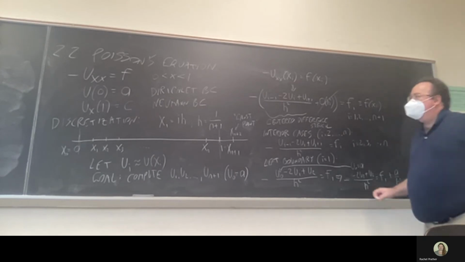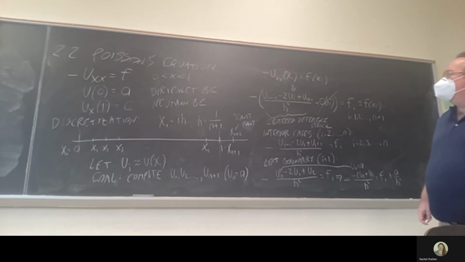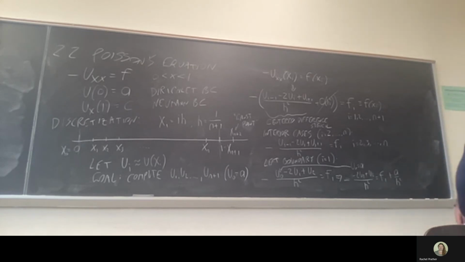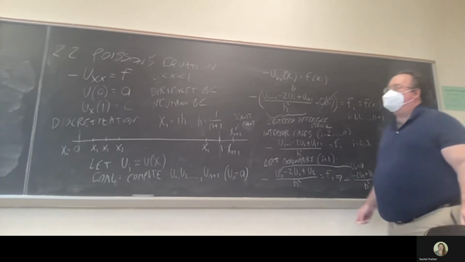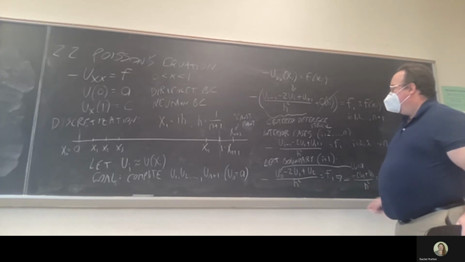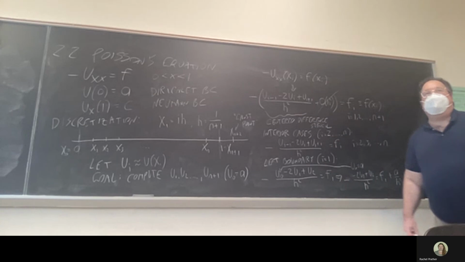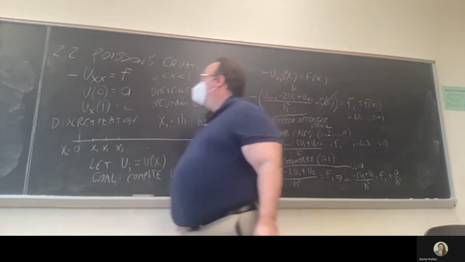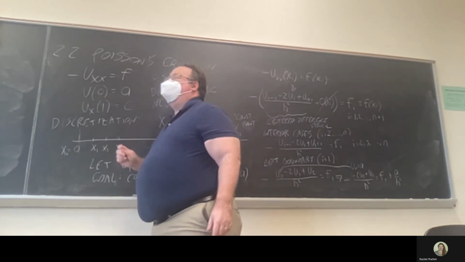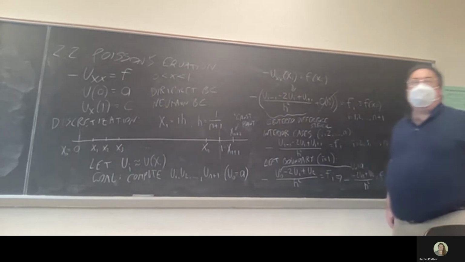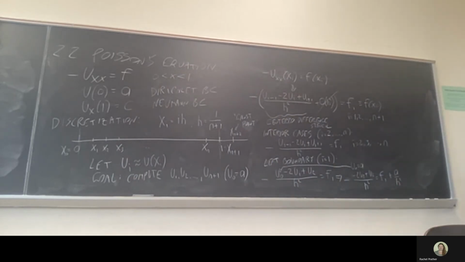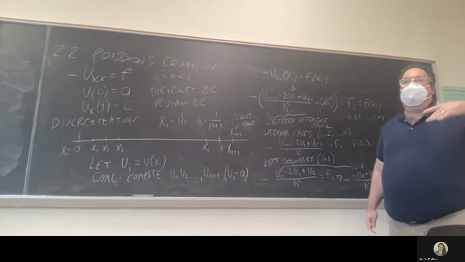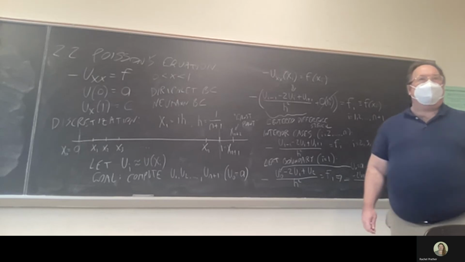By the way, you might find it strange that we have minus u_xx equal to f, because f can be anything. I could have said u_xx equal to minus f, or replace f with minus f, and I've carried this minus throughout. The reason why Poisson's equation is conventionally written with a minus is because the Laplacian has negative eigenvalues. As an example, in one dimension, you have sine x. Well, the second derivative is minus sine x.